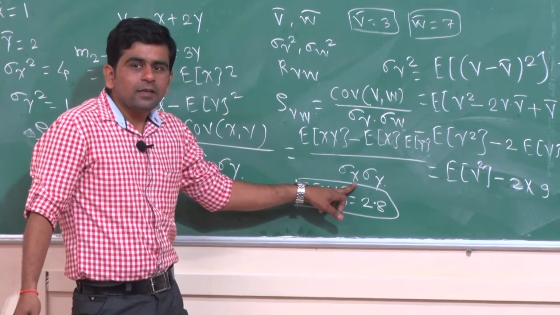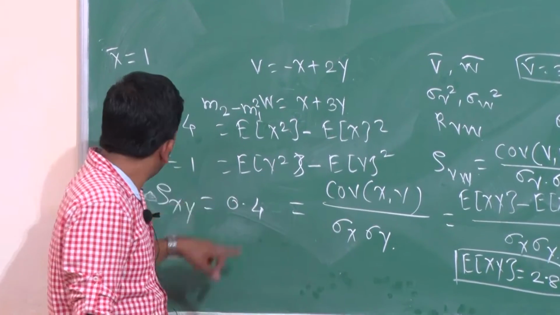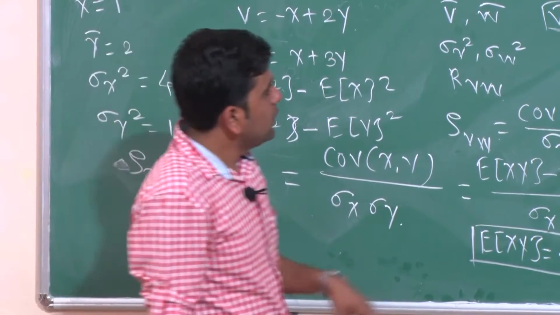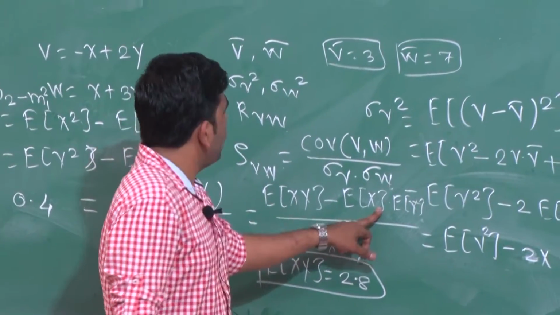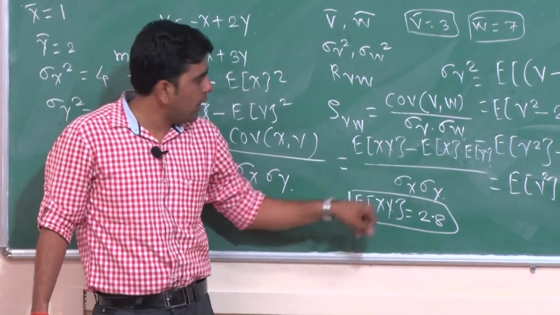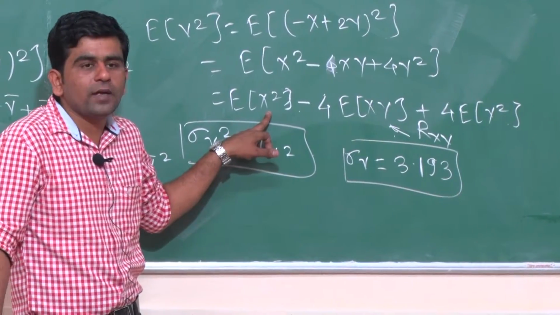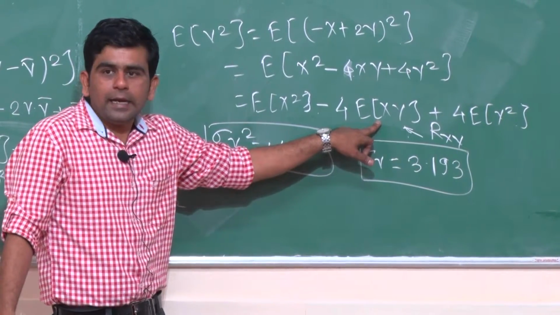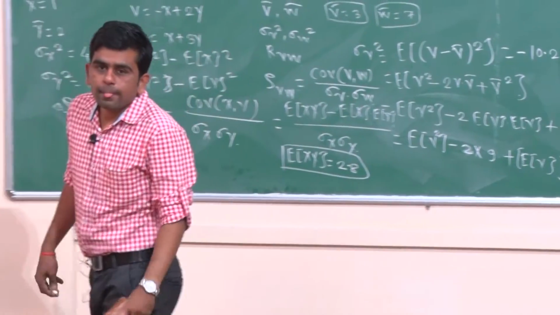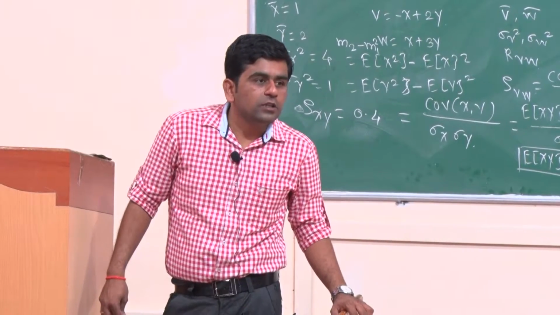Sigma x, the standard deviation, is known, that is the square root of variance 2. Then sigma y is the square root of variance of y, that is 1. The mean values are given as 1 and 2. In this way we can find expected value of xy, that is equal to 2.8. So in this equation we have to put these values: expected value of x square is 5, this one is 2.8, this one is 5. So we will finally get sigma v square, and its square root gives the standard deviation.